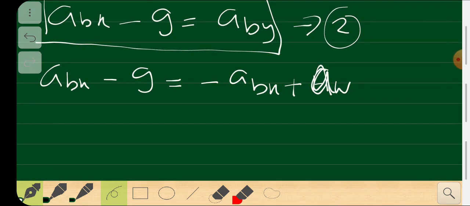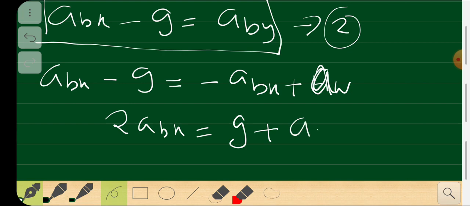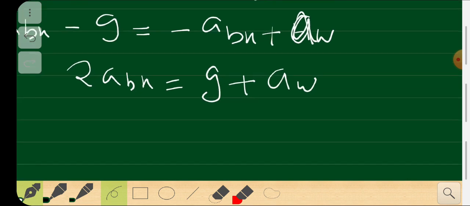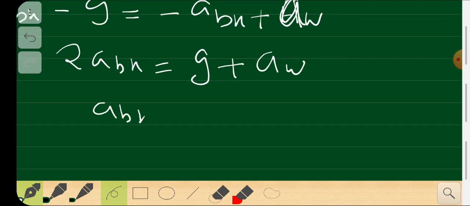Now I can simplify this. So you get 2abx is equal to g plus aw. Okay, I got that. So I have found out abx, the x component of the acceleration of the box, which is g plus aw by 2.